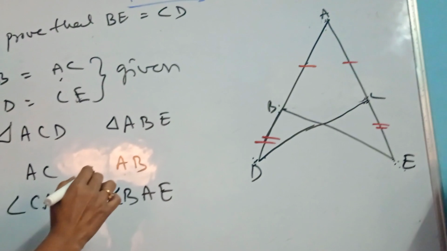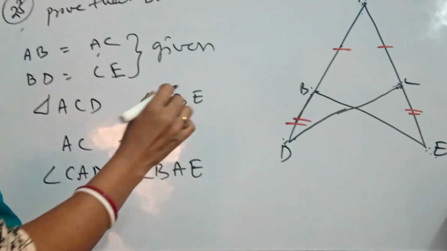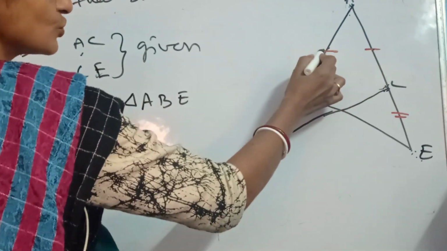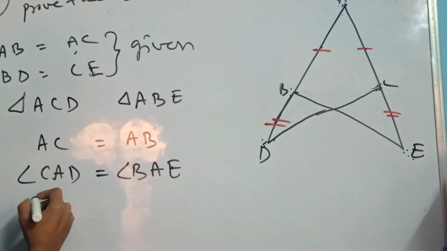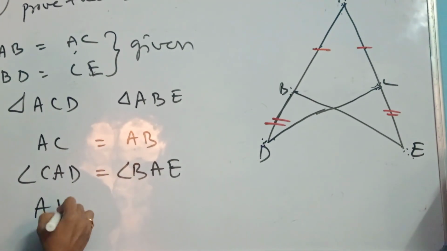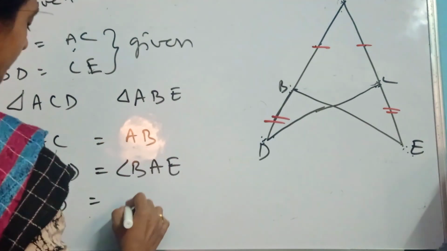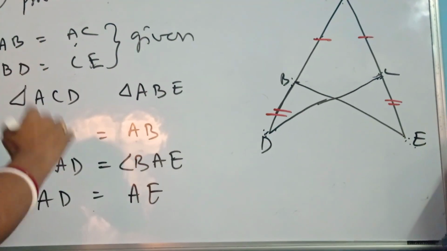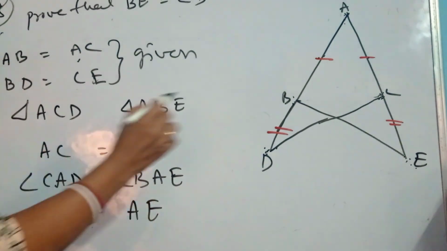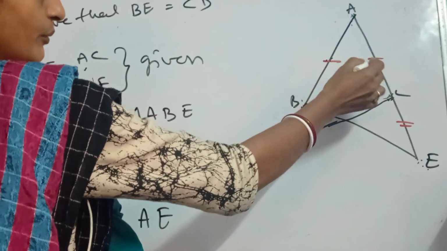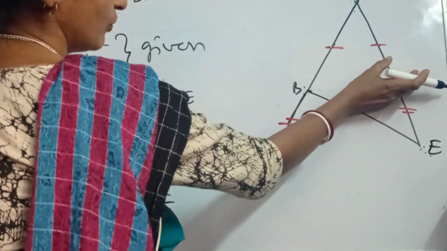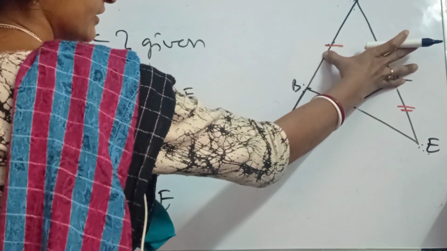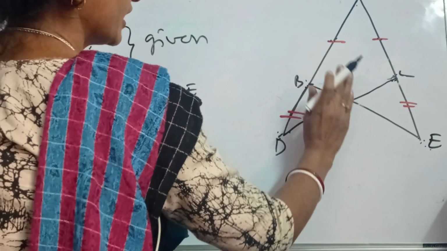Now the third thing, what has been given? I have taken these two sides common. Let's come to the longer side. Here I can write AD is equal to AE. So what are the things you have got? See, this triangle has one side, then angle, then another side. Let's come to the other triangle.